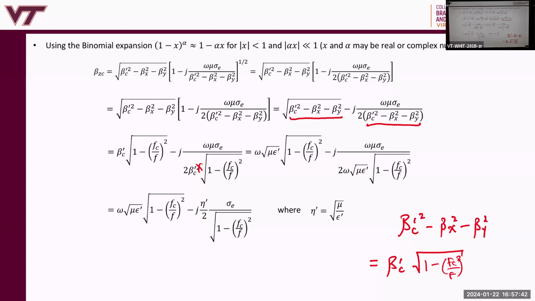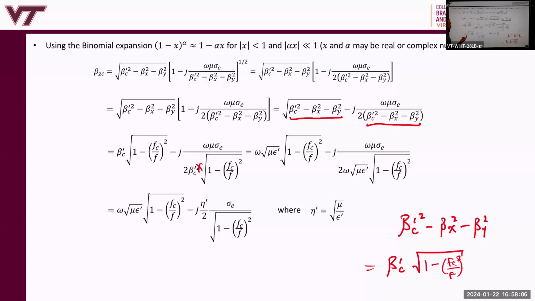over f. What did we notice about this, right? What is the whole point of this? Beta z. Remember, beta z is related to beta c squared of 1 minus fc over f. But now we have some complex numbers here, so we're carrying those along with the derivation. All right? Okay, so what do we notice here? Why do we write it like this?